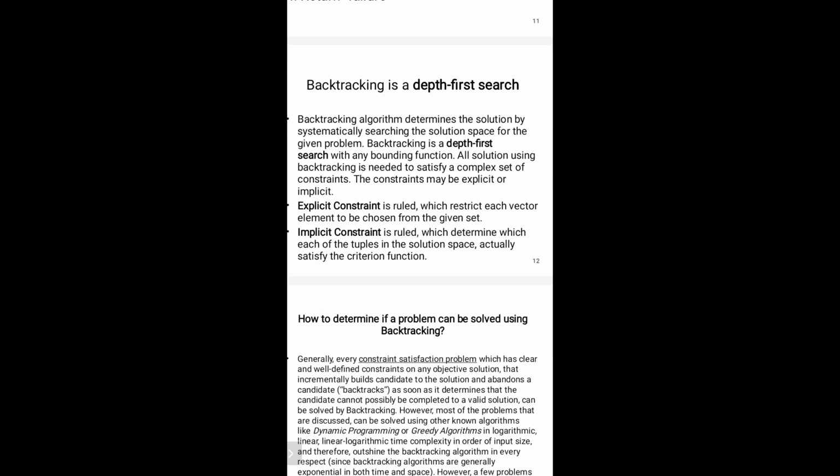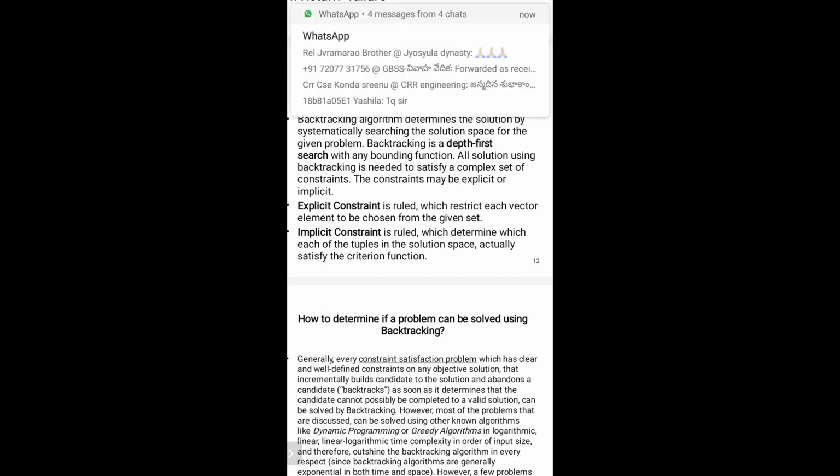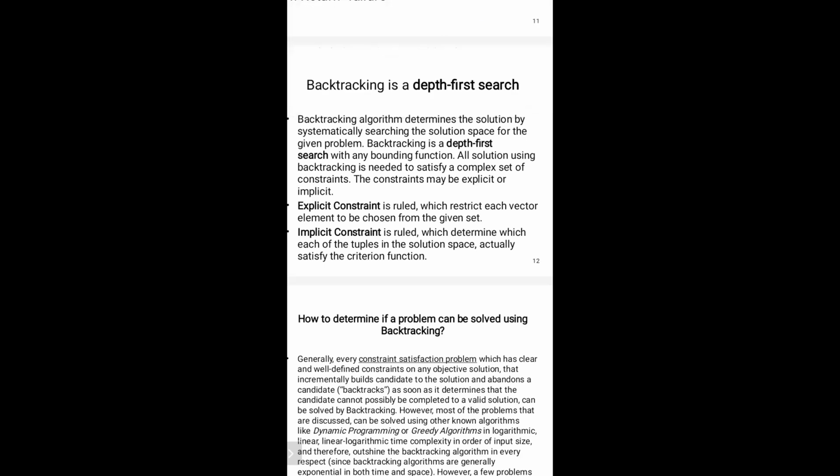The constraints may be explicit or implicit. That means constraints are given or conditions are given explicitly, that means explicitly mentioned, or implicitly. Implicitly means by way of searching, you can easily find the constraints. Implicit means it is not mentioned clearly or explicitly.